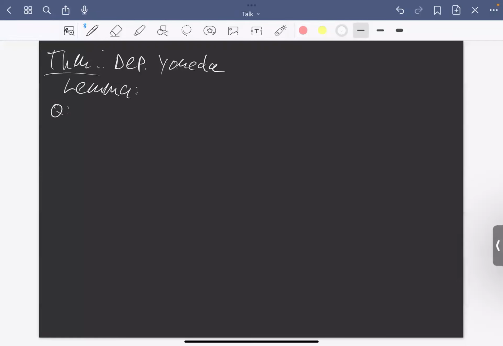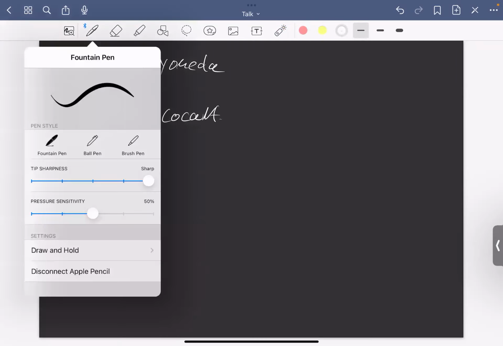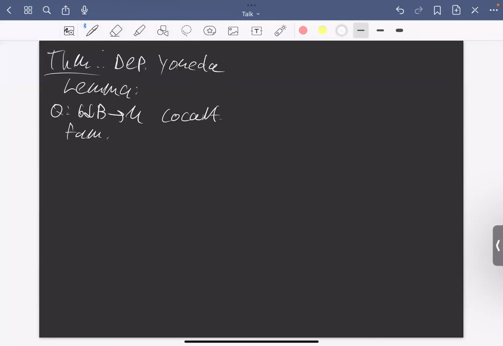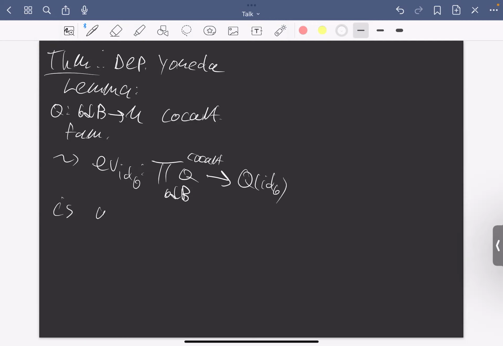So if we have a co-Cartesian family Q depending on this arrow type here, and B again should be a Rezk type, then evaluation from the co-Cartesian sections into the fiber at the identity should be an equivalence.